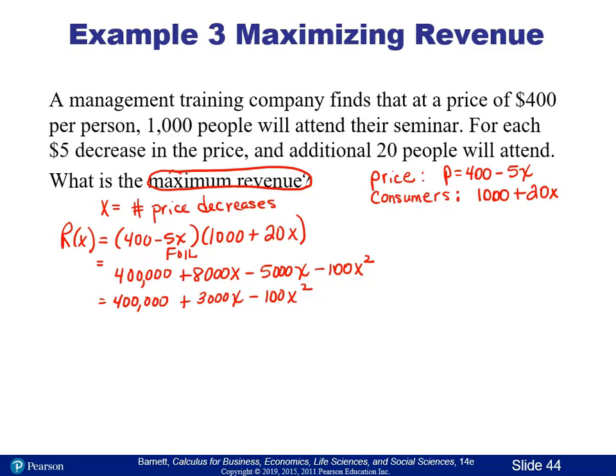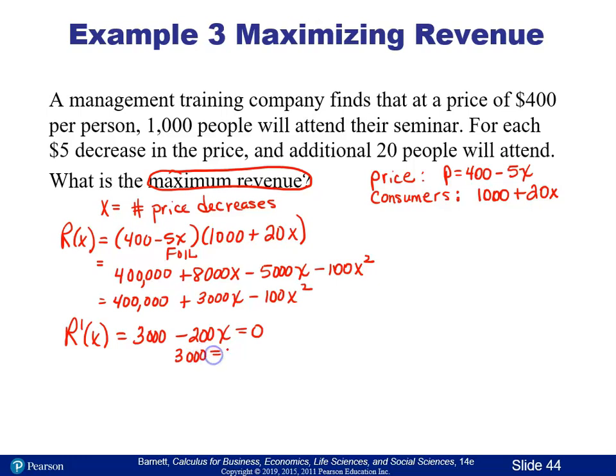Once we get that revenue equation, this problem is just like all the rest. We're going to take the derivative, set it equal to 0, find our critical numbers, and go from there. So our first derivative, since we're maximizing revenue: the derivative of 400,000 is 0. The derivative here is 3,000. The derivative here is minus 200x. We do want to set that equal to 0.